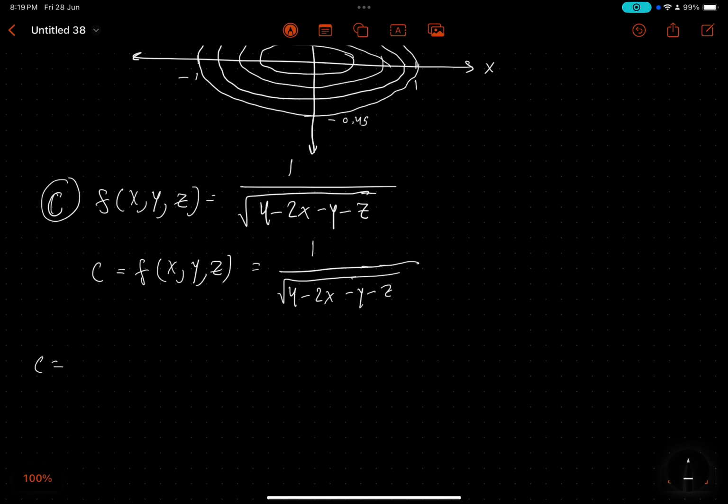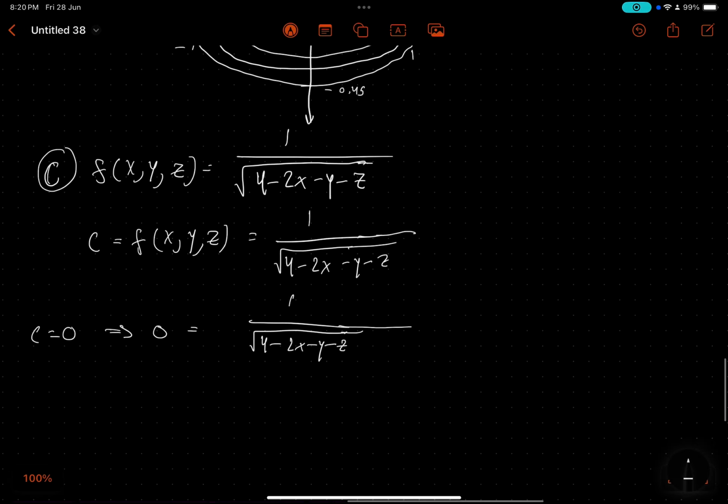So for instance, c equals 0. Let's say now 0 equals 1 over the square root of 4 minus 2x minus y minus z. If you want to draw this, it should be a surface actually.